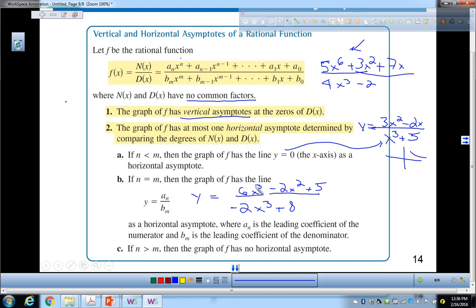Since the degree of the top is equal to the degree of the bottom, if x gets big enough, all I have to do is compare these two coefficients of the highest degree terms.